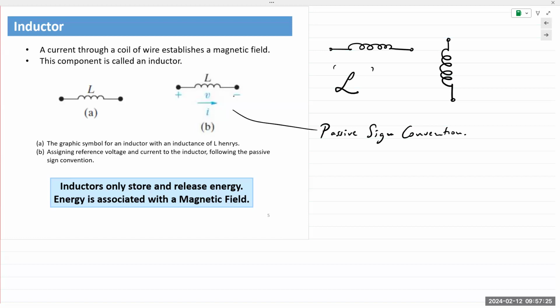So if current changes in an inductor at a rate of 1 ampere per second, and it causes 1 volt to appear across it, we say that the inductance level of that inductor is 1 Henry. Okay, so 1 Henry of inductance level is a coil that has the capacity to hold 1 volt for every 1 ampere per second change in current flowing through it.